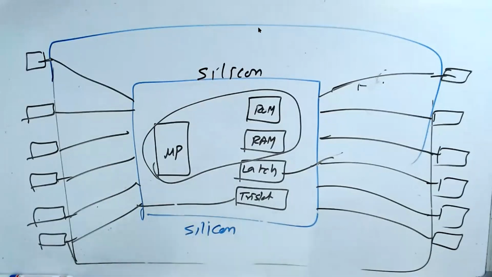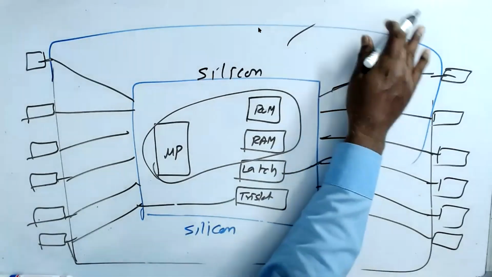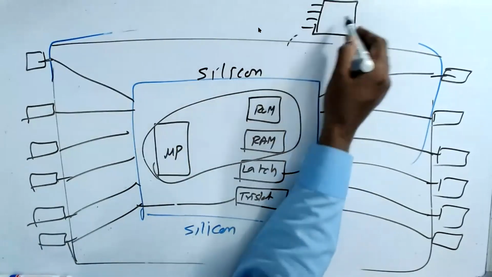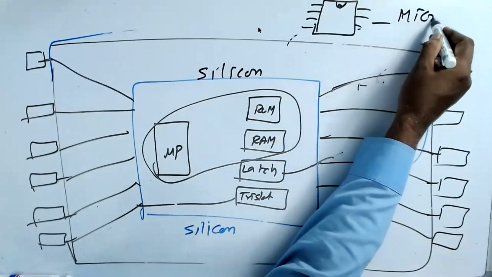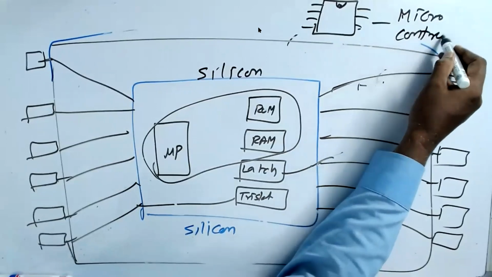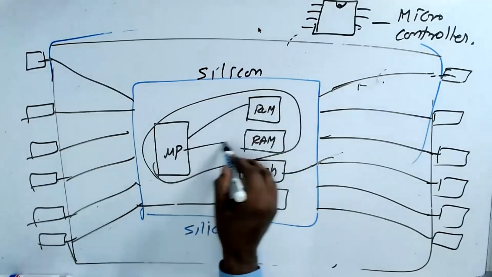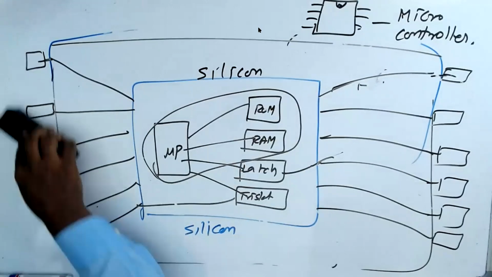This whole thing is put like this and finally made as a single IC, called a microcontroller. No difference. They put it inside the silicon, that's all. Instead of putting it on the board, they put it inside the silicon. Nothing will change for you writing software. Everything is the same, the memory map, everything. So they made your life easier today.